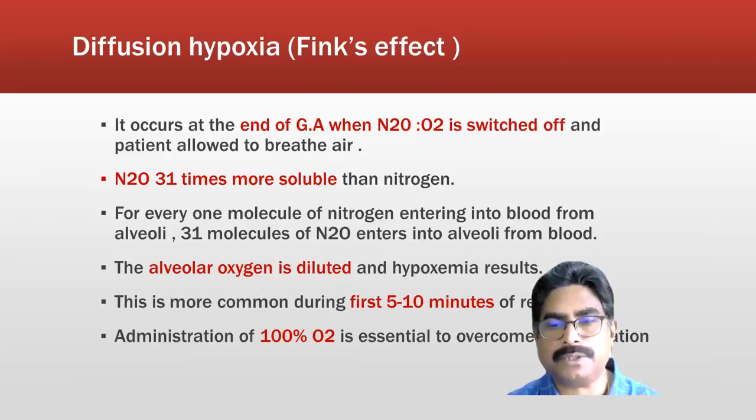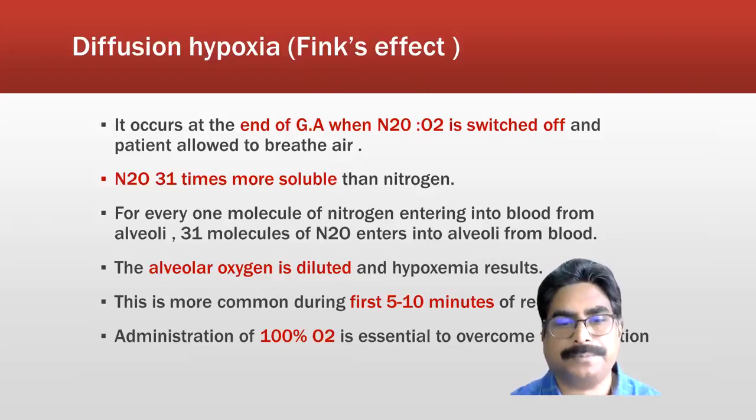It dilutes the oxygen in the alveoli and causes diffusion hypoxia. This is more common during the first 5 to 10 minutes of extubation. So you have to administer 100% oxygen to overcome this diffusion hypoxia.